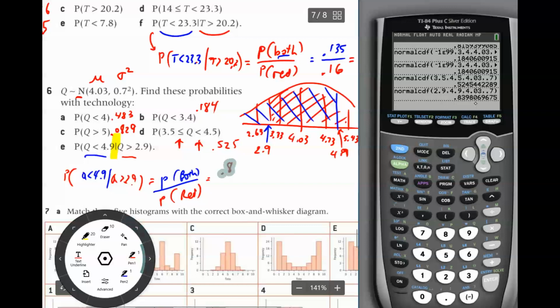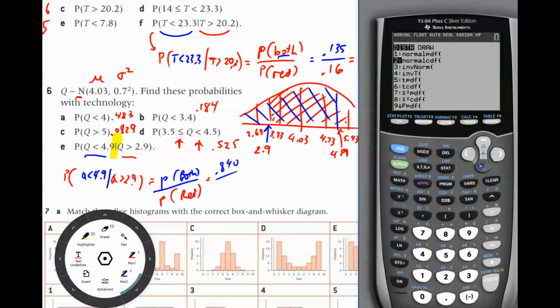That would be the top. Since it's the top, I'm going to write it in blue. And then the bottom is the probability of red. The probability of red is that Q is greater than 2.9. So I would put 2.9 for the left, and I would put 1E99 for the upper.